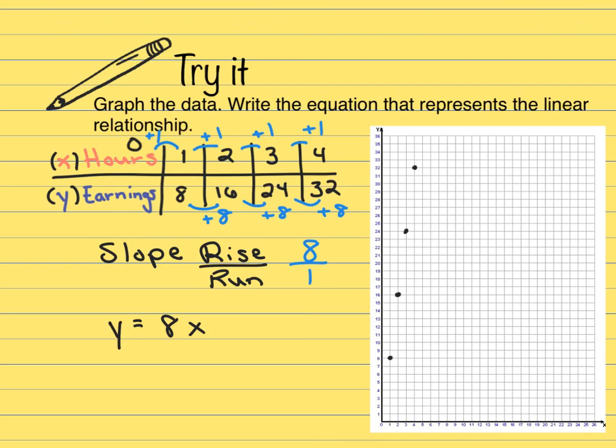And if we take away an 8 from 8, that also gives us 0. So our line will pass through the origin, which means that the line will cross the y-axis at 0. Now we can simplify our equation by writing y equals 8x.